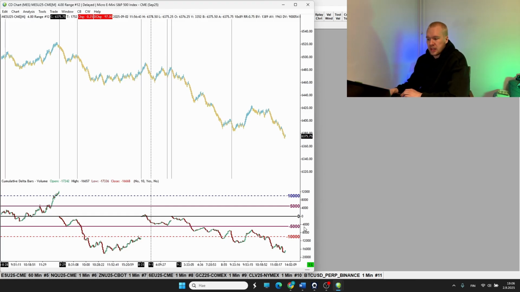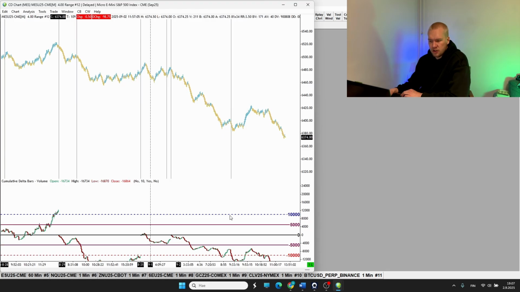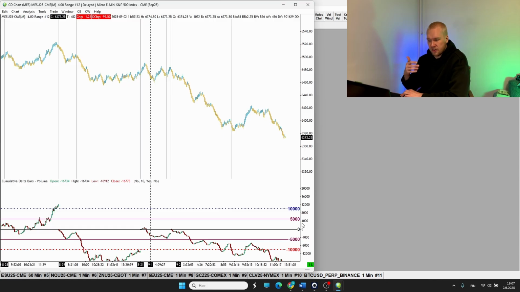So if cumulative delta goes below, let's say, minus 10,000 as it has today, that is a very strongly sold market, and vice versa. When it goes above 10,000, on the positive side, there's been a lot more buyers than sellers. You know, these lines just kind of help us read the cumulative delta.